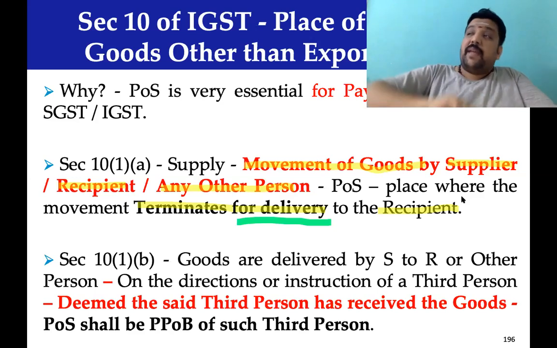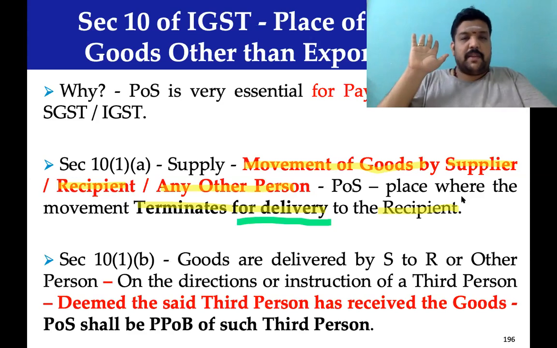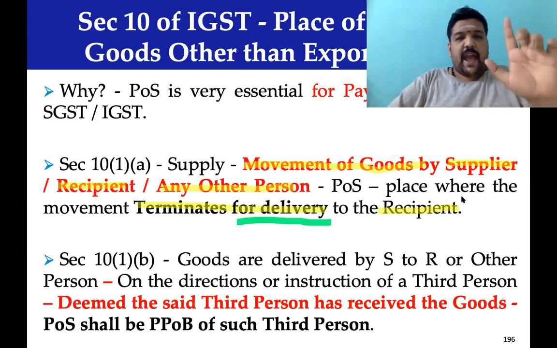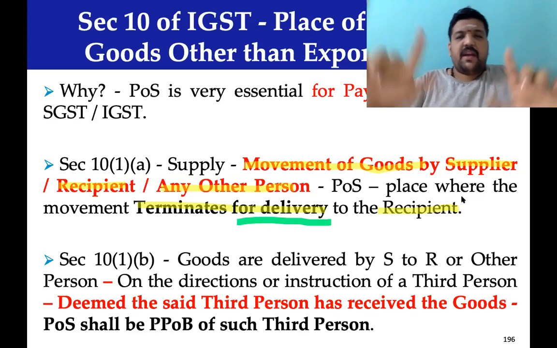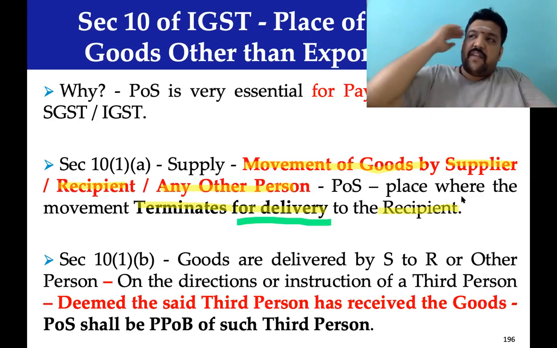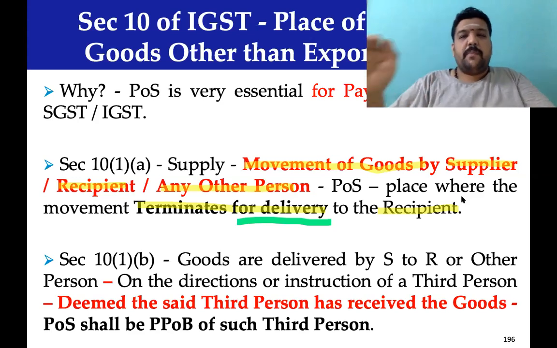So the place where the goods are going to go would become the place of supply. So two principles came up: actual delivery and constructive delivery. Constructive delivery says where the goods are intended to go, that would become the place of supply.